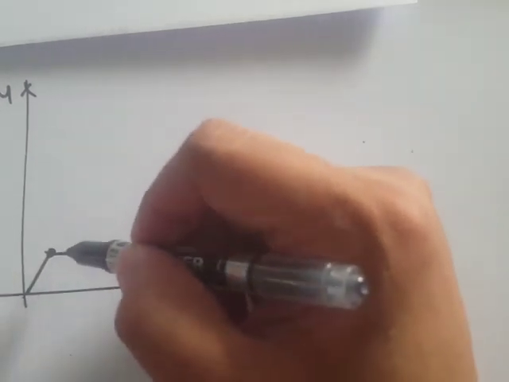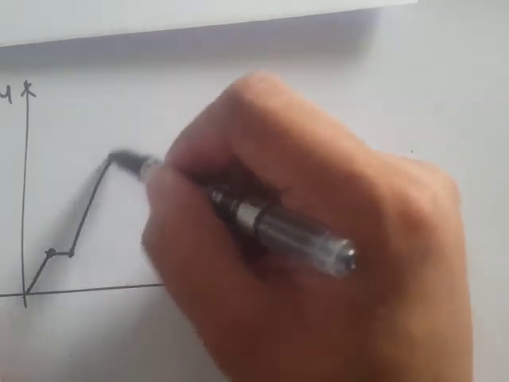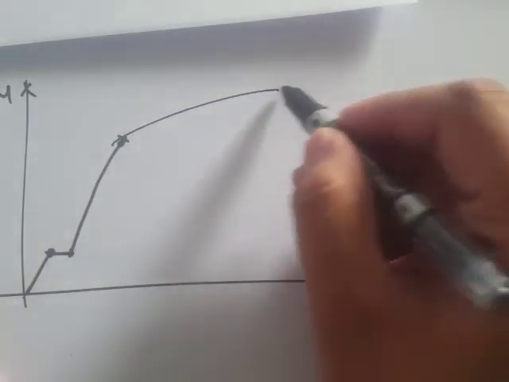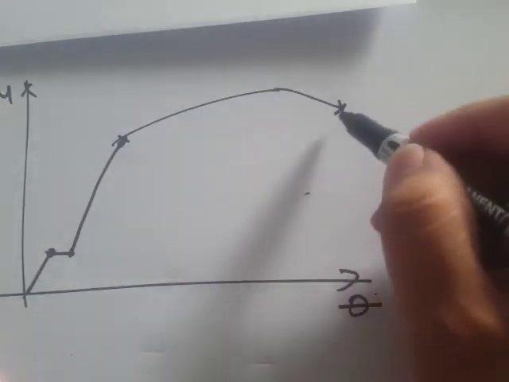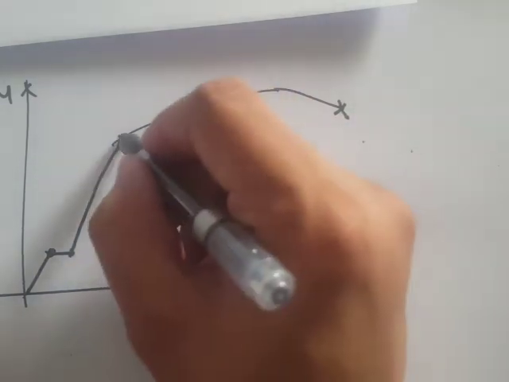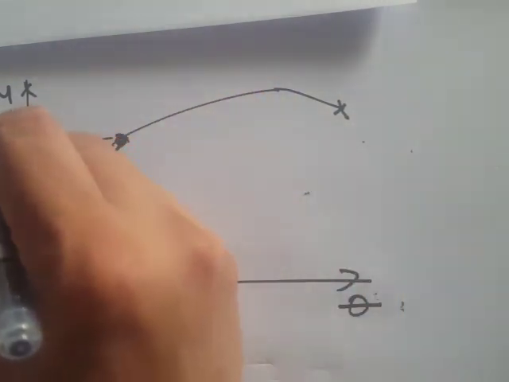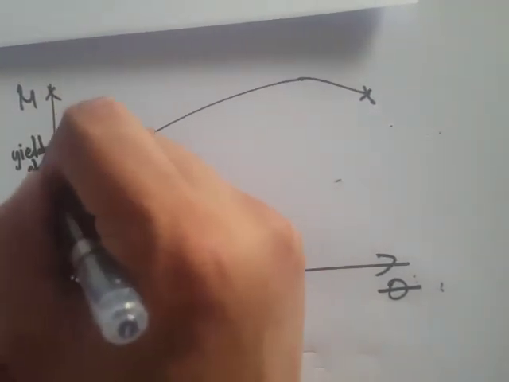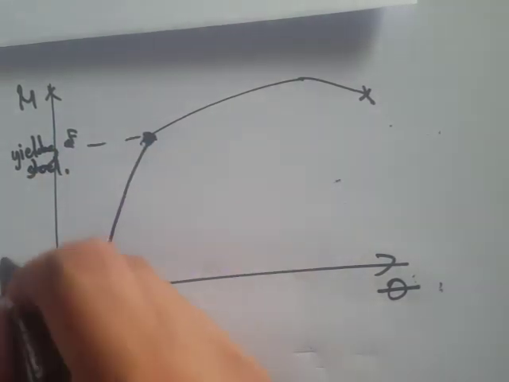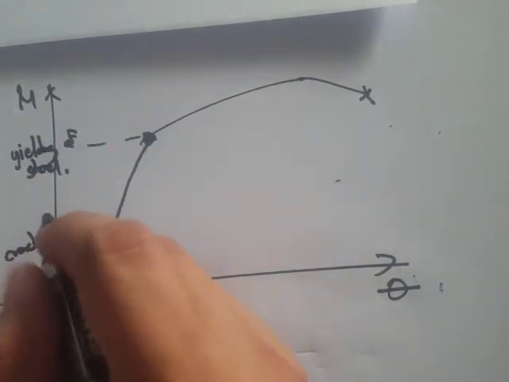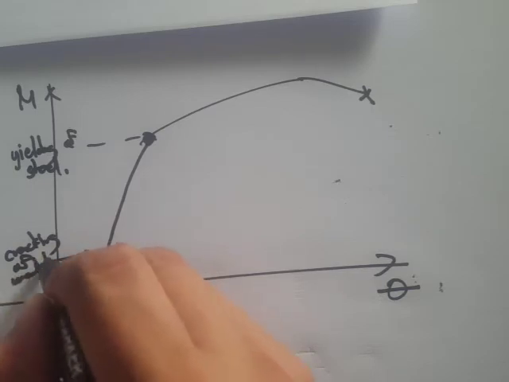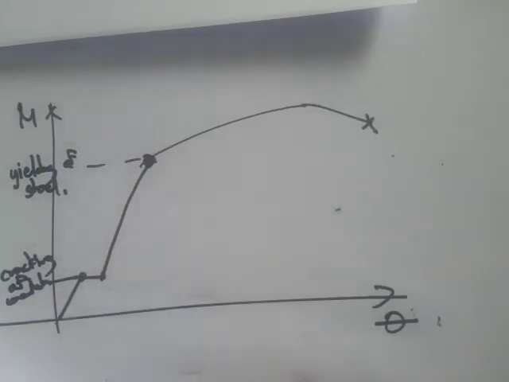If you increase the load, you get a behavior of steel something like this, and then finally you get a fracture. At this point we have yielding of steel, whereas here we have cracking of concrete on the tension zone.